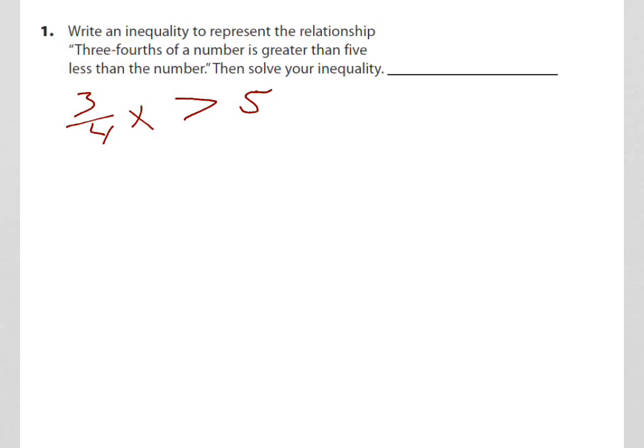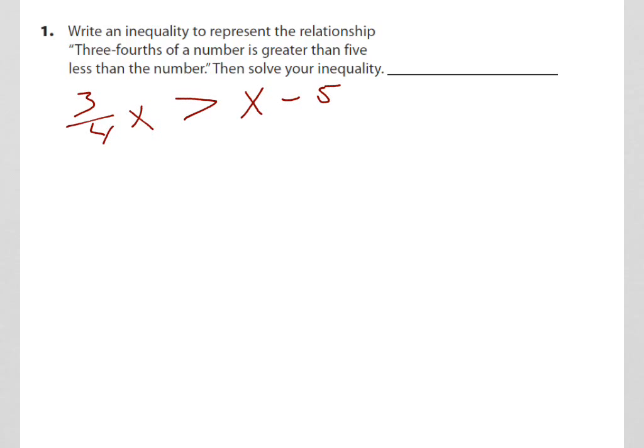Well, since that's 5 less than a number, then we need to put the number first, and we will use x as the number, minus 5. Okay? Now, since we have this inequality, it tells us that we need to solve it.